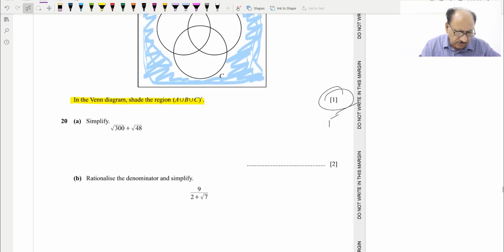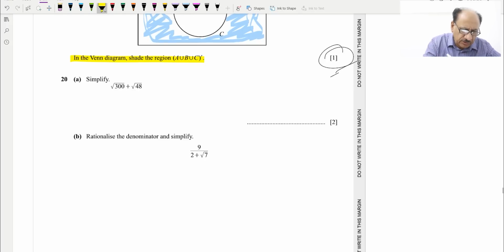Hopefully you understood this. Then question number 20, A part: simplify. Keep in mind this is non-calculator. We can write root 100 and root 3, this is like root 300. We can split this, and 48 we can split into 16 and 3.